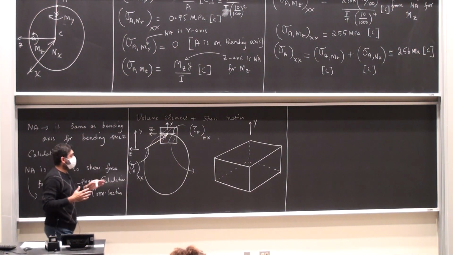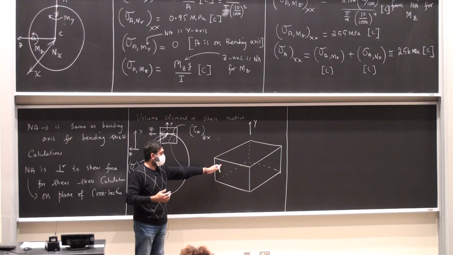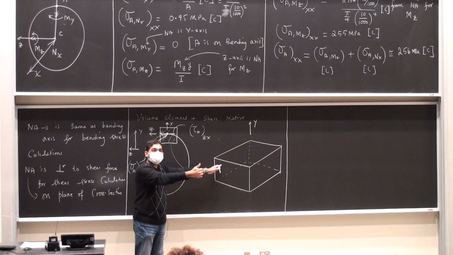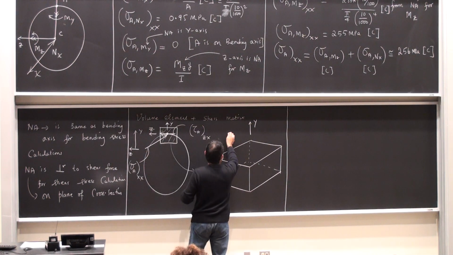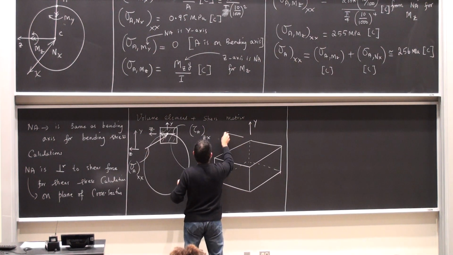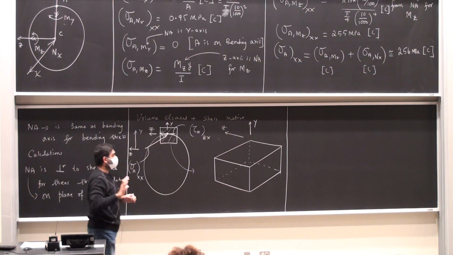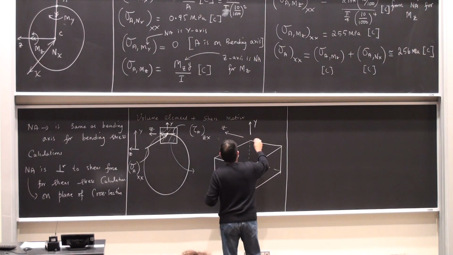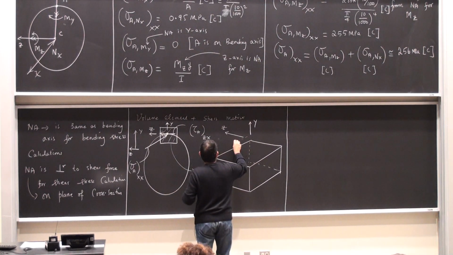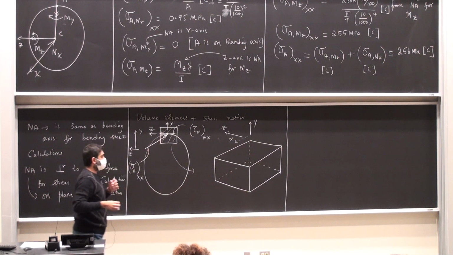Which means that if I'm looking at this particular face, the y-axis is vertical, the z-axis is pointing to my left, and my x-axis is coming out of the page.